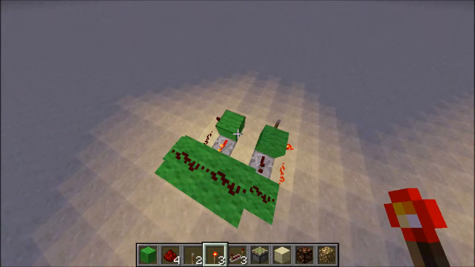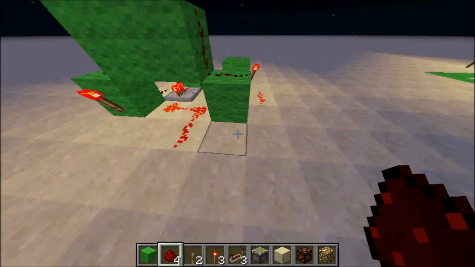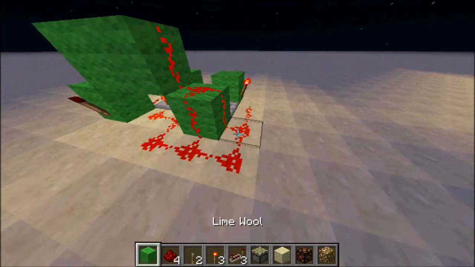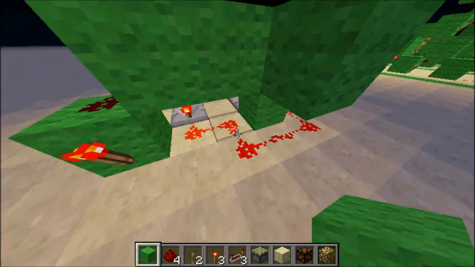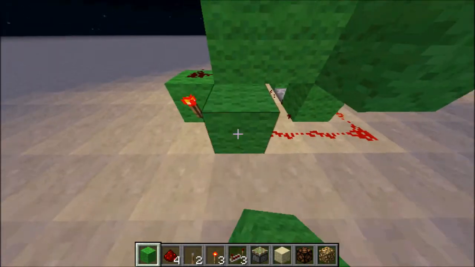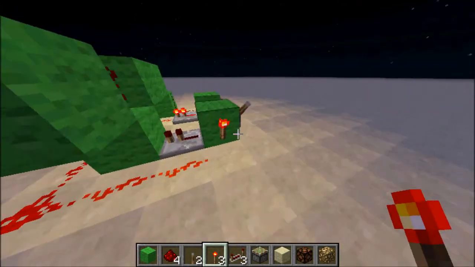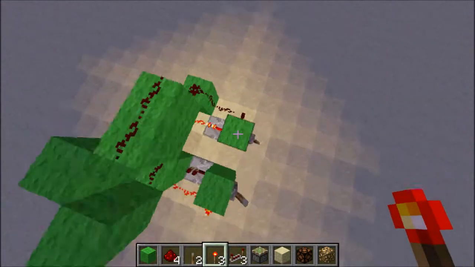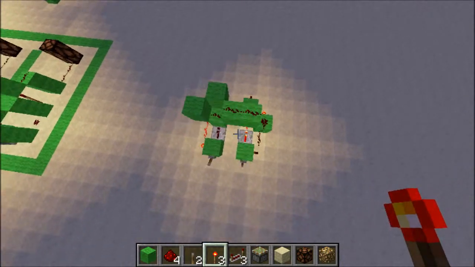So for the other side, we OR this one with that one, and let's place a NOT gate right there. So it's this storage going into the block and just this input going into the block. And this torch only turns on.